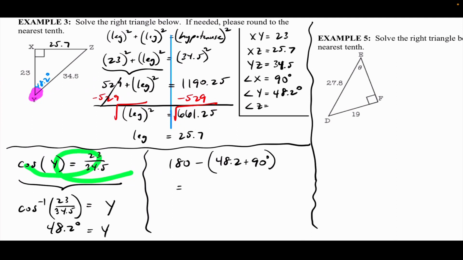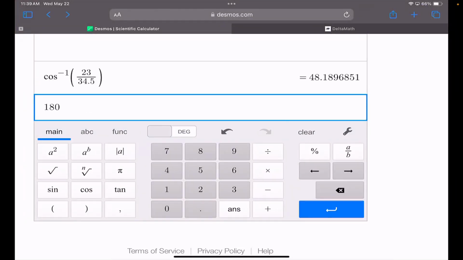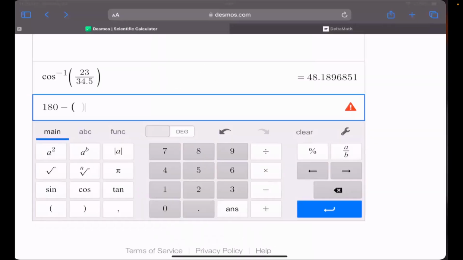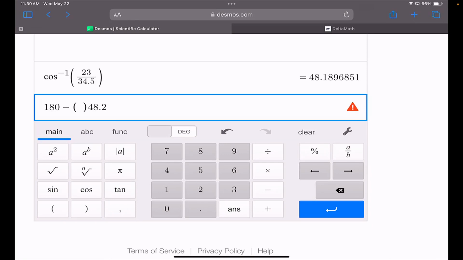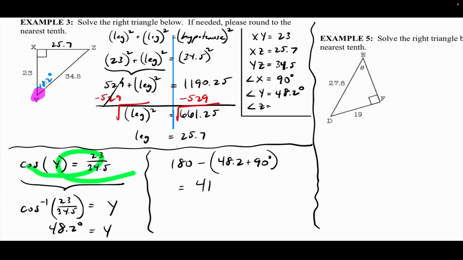Just put that in your calculator. 48.2 plus 90. 41.8. Done. I know every angle. I know every side. Solved. Okay? That's solving a right triangle.